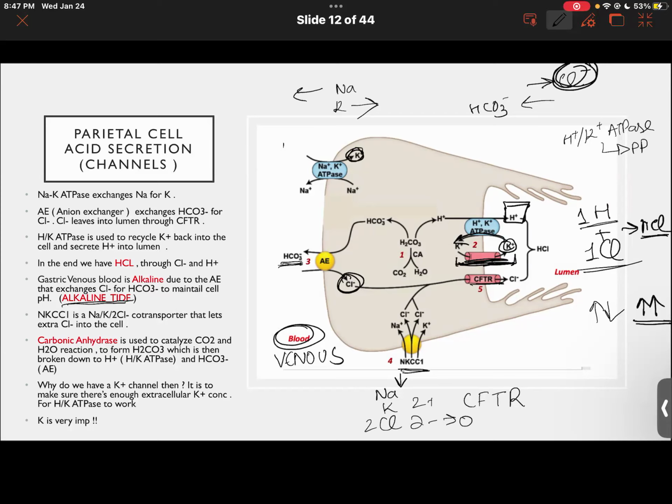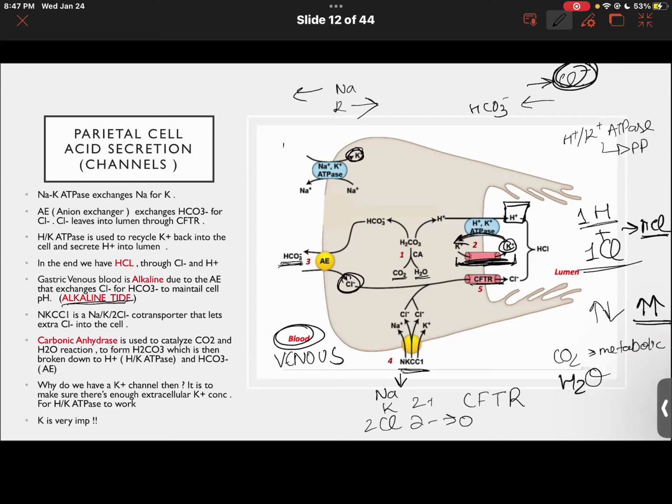Okay, remember how I said we have hydrogen in the cell, and we'll talk about how it got there later. So this is how it gets there. So we have CO2 in the cell, and CO2 is a metabolic product because a cell is always going to produce CO2. That's due to the metabolism, due to the mitochondria, all of that, it produces CO2. And we also have water in the cell, H2O.